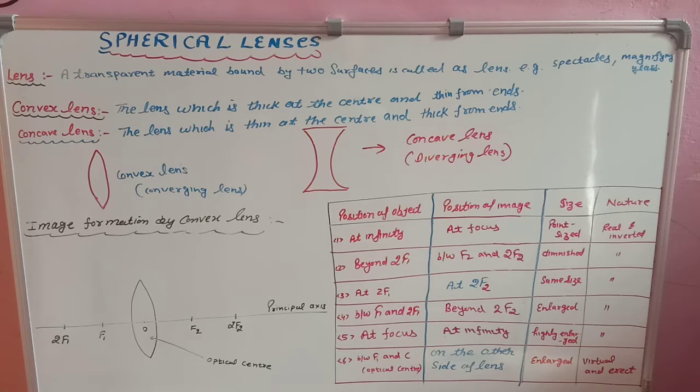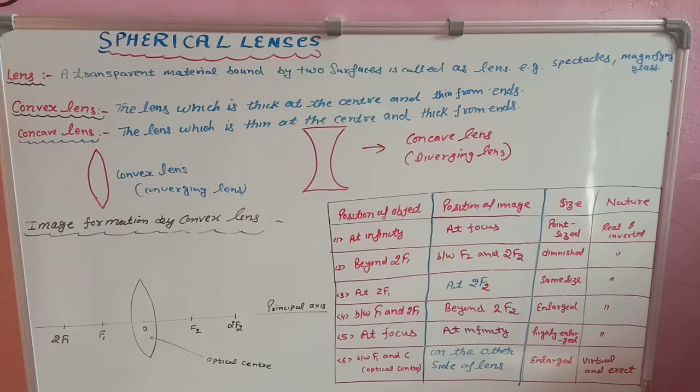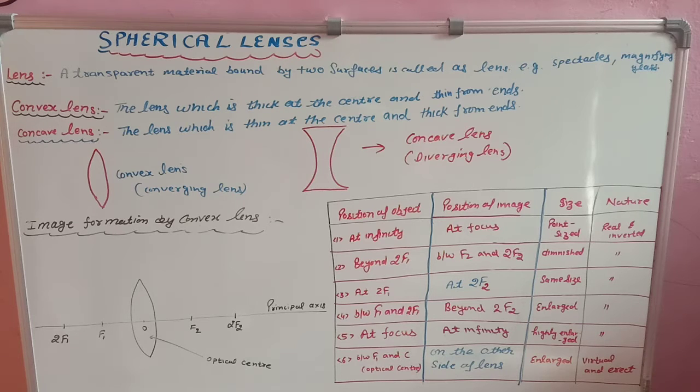Dear students, in our last lectures we have completed our topic with mirrors. In a mirror there was only one reflecting surface and the other surface was painted. After that we started our next topic, that is refraction.